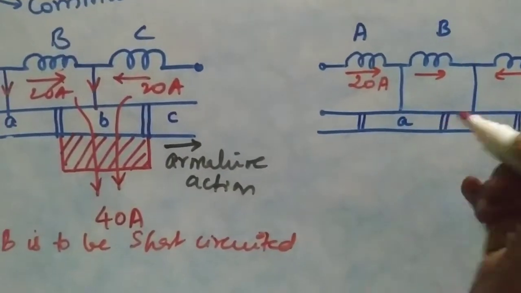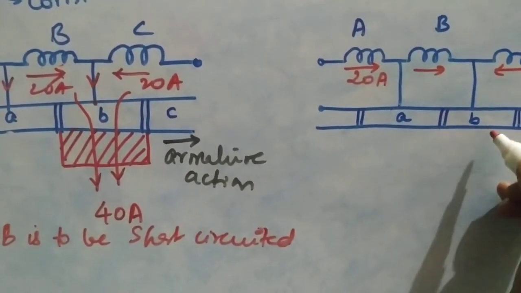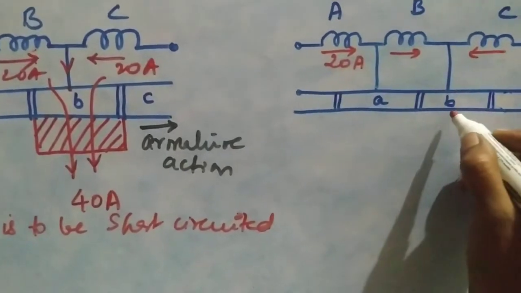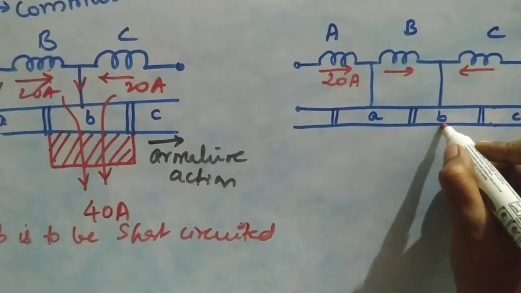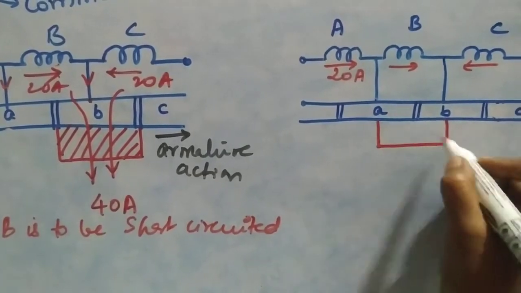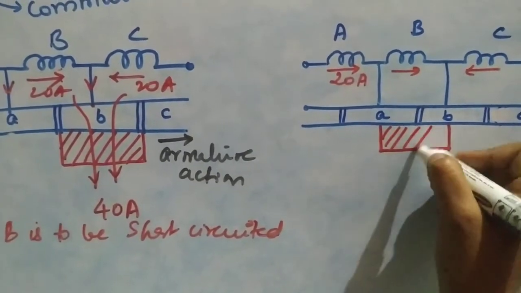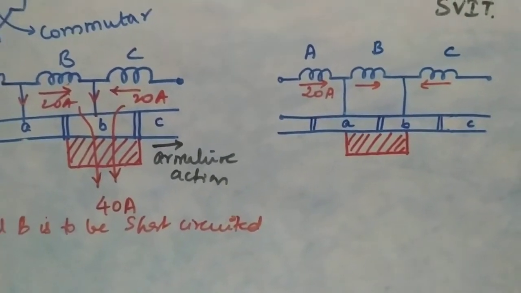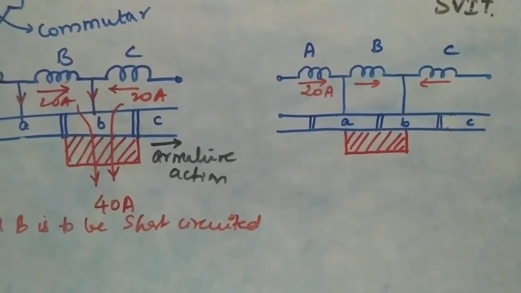Here you will find the brush will be at this point. So this is the coil B entering into the short circuit period.